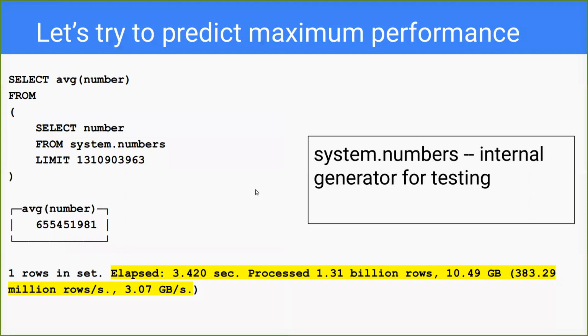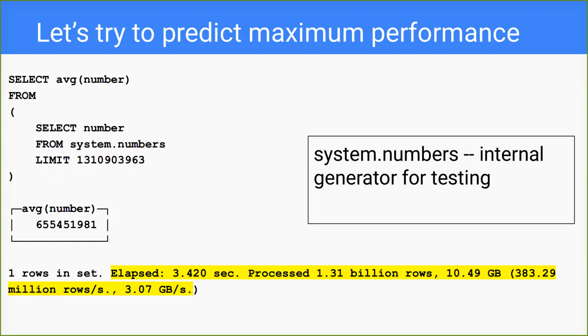So one interesting thing that we can do is a little experiment to say what's the maximum performance that we think we could get out of this system. And ClickHouse has a really useful table called system.numbers, where if you select from it, it just allows you to basically generate a sequence of numbers. I assume starting with 0.